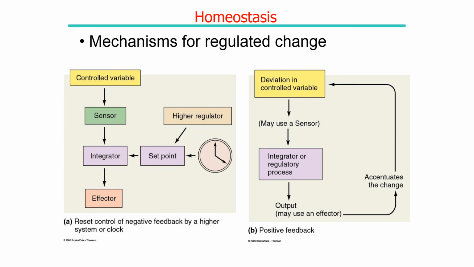It has a sensor to detect the deviation in the control variable, and an integrator or regulator or control center to compare the change with the set point, and this control center sends instruction to the effector to enhance the change, so that this system works in a vicious cycle, like we saw in the previous example of blood pressure due to loss of blood volume, and ultimately there would be death.